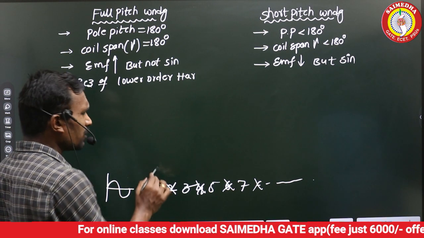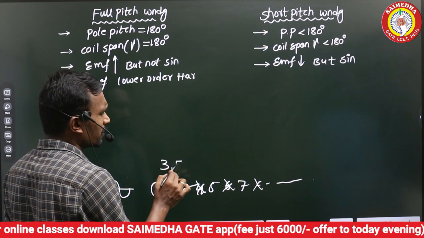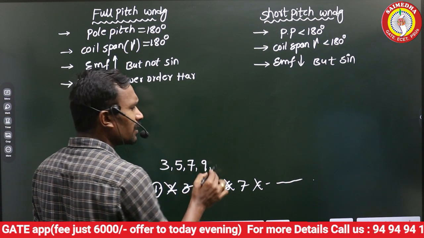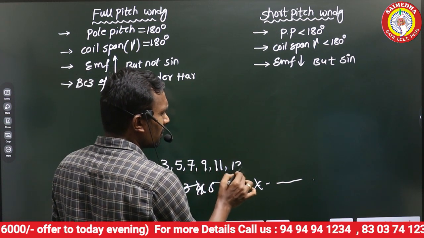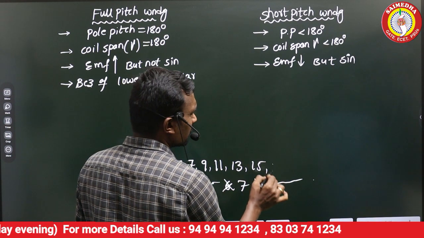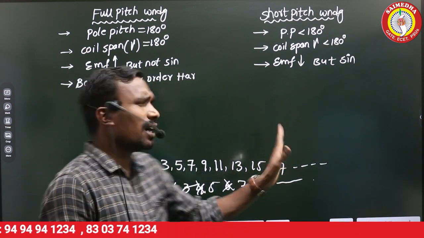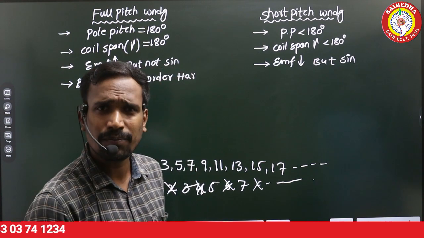So now we have the third harmonic, fifth, seventh, ninth, 11th, 13, 15, 17, 19 and so on. These are the harmonics we generally have.